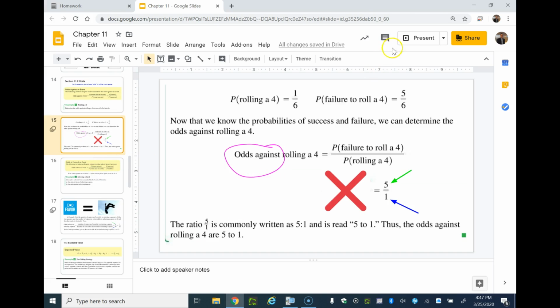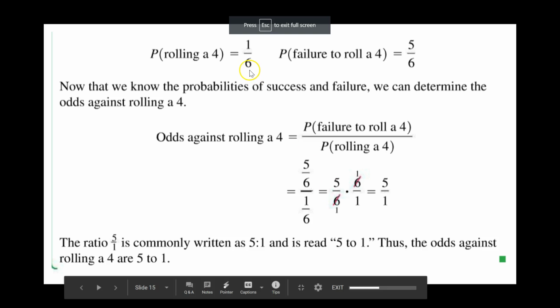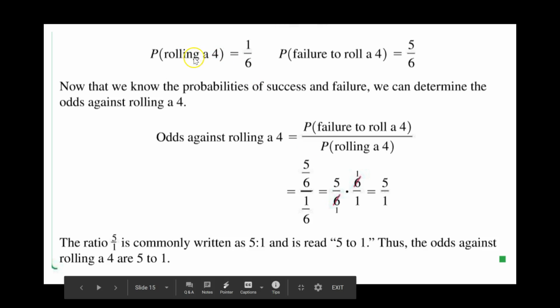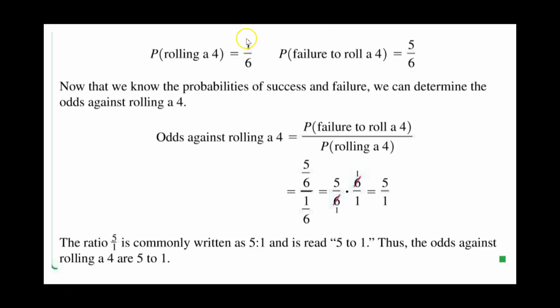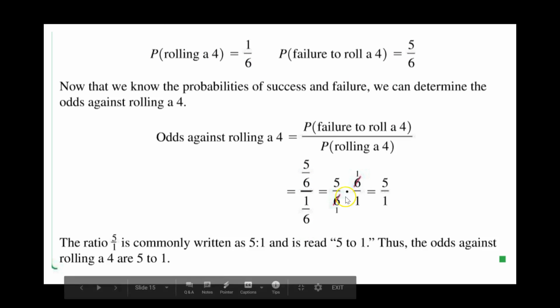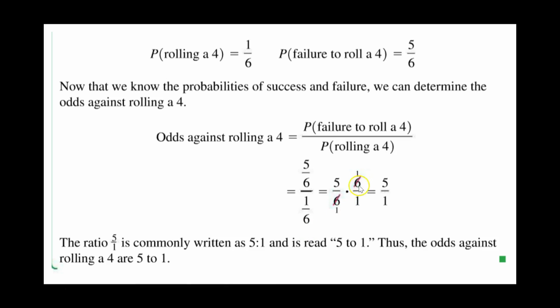Looking at here, I hit the percent to make it make more sense. To roll a 4, it's going to be 1 out of 6. To not roll a 4, it's going to be 5 chances out of 6. So the 5 and the 1 are the only two numbers we're going to concern ourselves with in section 2. Don't worry about the 6, because you can see they divided, they used the 6, but you see how the 6 already cancels out?